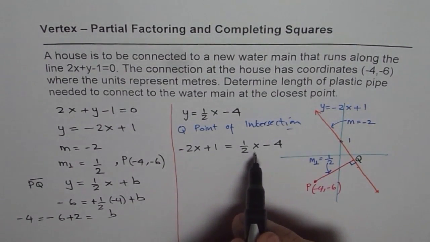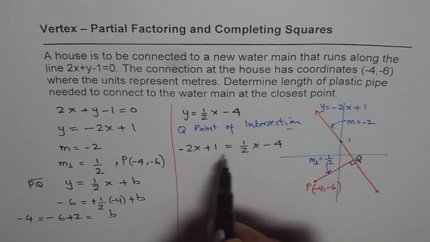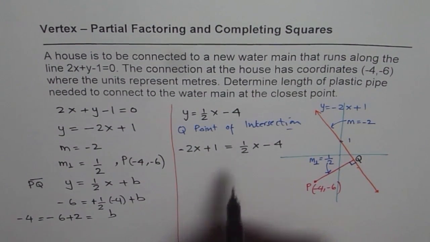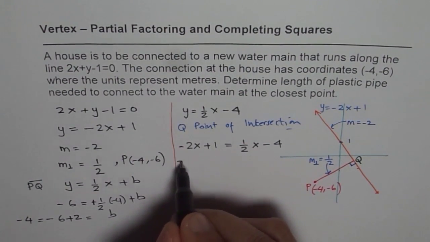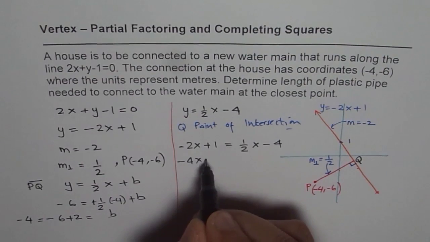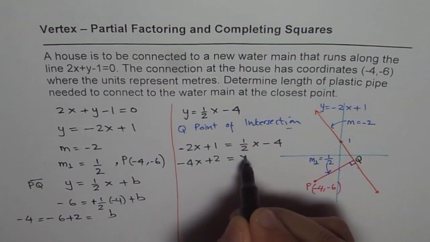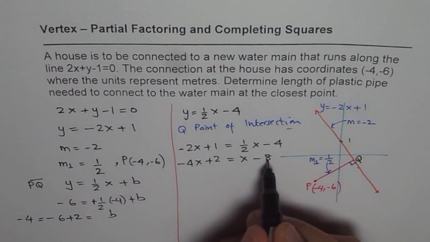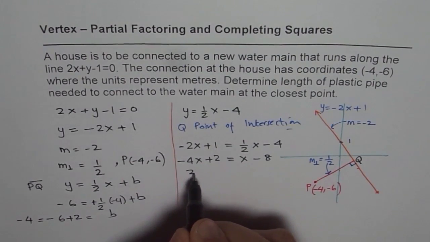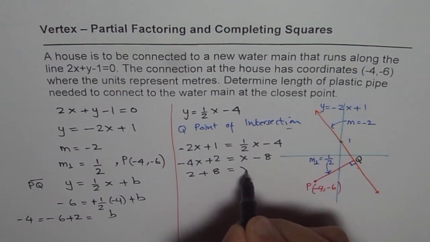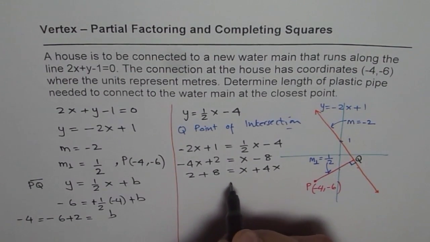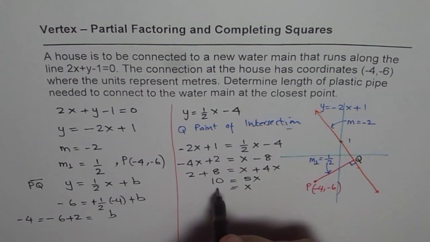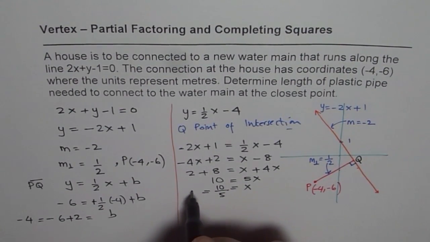To solve an equation with fractions, the first step I prefer is to avoid fractions. Multiply everything by 2, right? When I do that, I get minus 4x plus 2 equals x minus 8. Now let's bring the x's together and the constants together. So we get 2 plus 8 equals x plus 4x, or 5x equals 10, and that gives us x equals 10 divided by 5, that is 2.